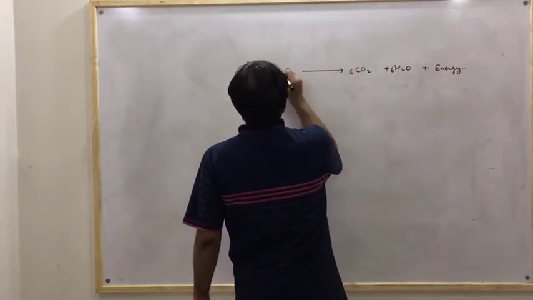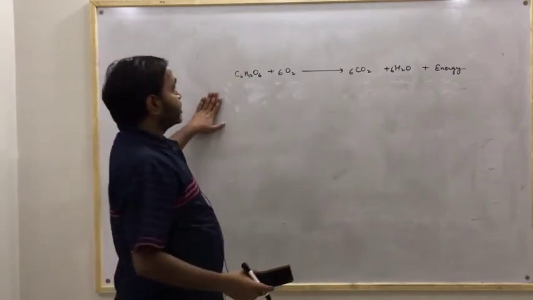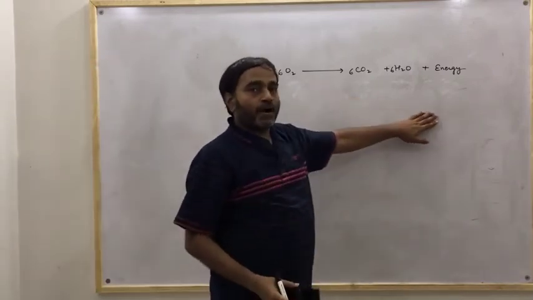For balancing it, we can write 6. So it is the entire reaction which is showing the oxidation of carbohydrate.